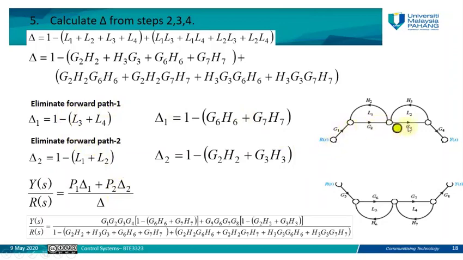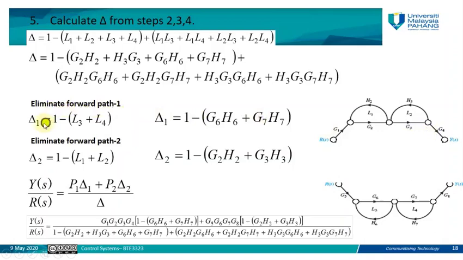Okay, so for forward path number 1, this is the forward path number 1: G1, G2, G3, G4 and output. What are the loops which are non-touching with this forward path? L1 is touching, L2 is touching, so they will be ignored. We need to consider L3 and L4 because L3 and L4 are non-touching with forward path number 1.